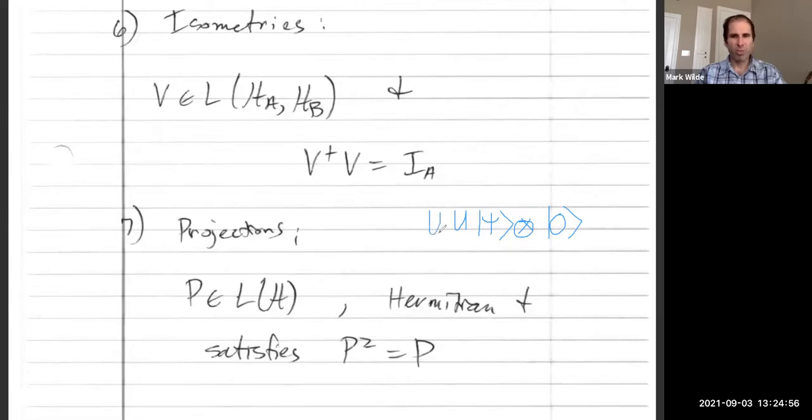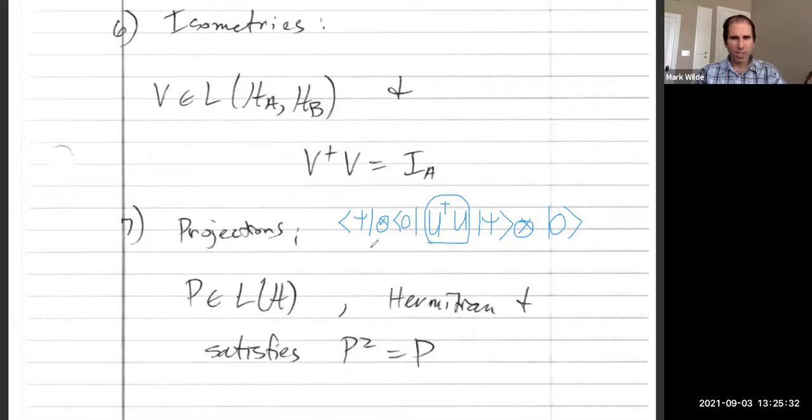So we do U dagger and then psi tensor 0. This right here is the identity matrix, so that's gone. And then we're left with the tensor product of psi with itself and 0 with itself.